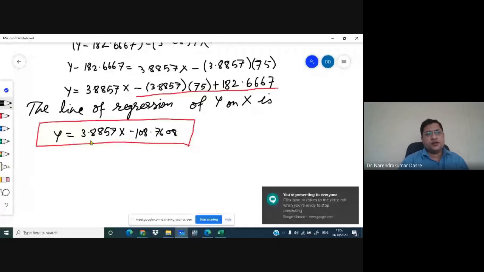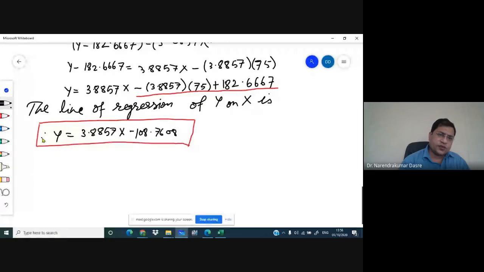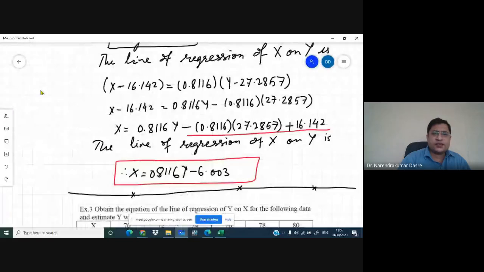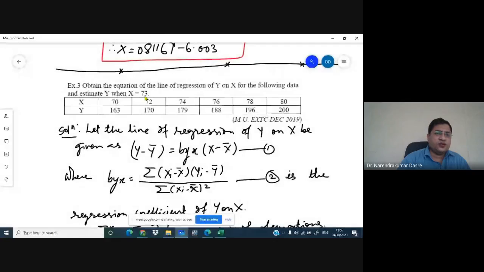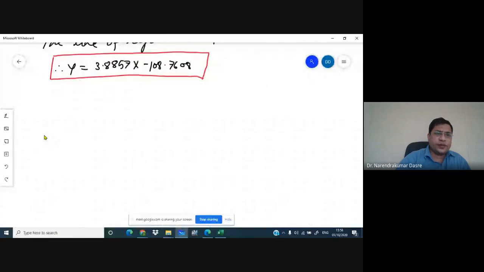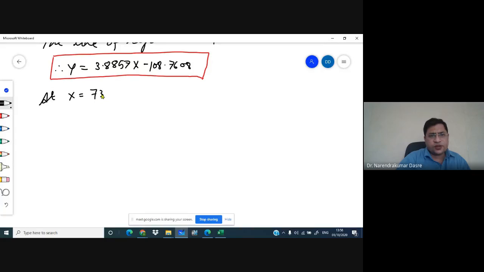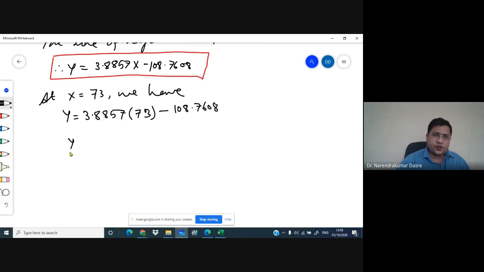Okay. So this is the equation of the line of regression of y on x. And now we have to find what happens at x is equal to 73. So at x is equal to 73, we have y is equal to 3.8857 into 73 minus 108.760.